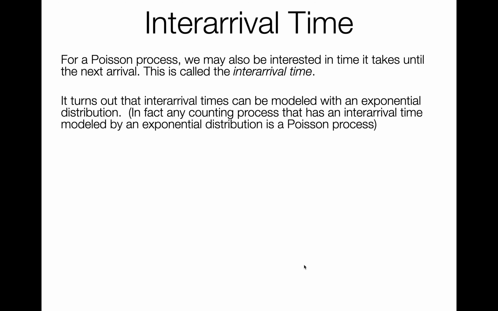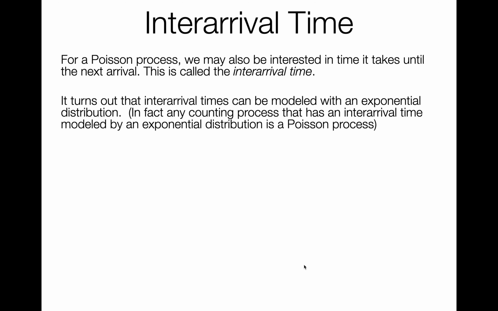So for a Poisson process, it turns out that the interarrival time can be modeled with an exponential distribution. In fact, it sort of works the other way too. If I have a counting process, which is a little bit more general than a Poisson process, which is a specific counting process, but if I have a counting process that has an interarrival time that's modeled by an exponential distribution, then that counting process is also a Poisson process.